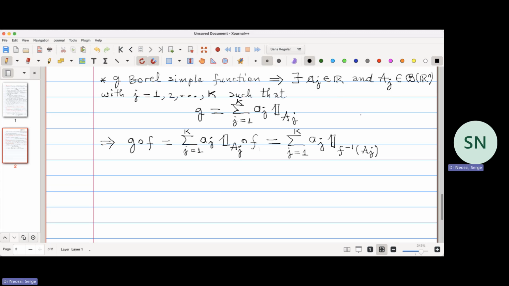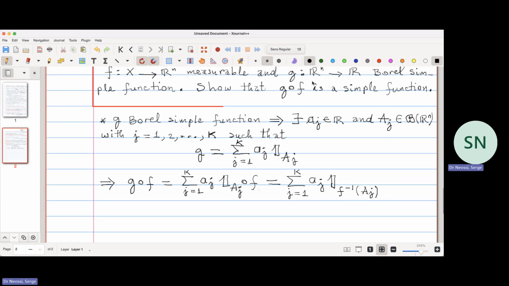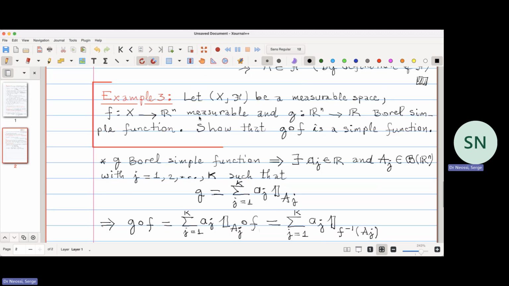Right. Now, in this case, is it measurable? Yes, it's measurable because f is measurable, because that's the hypothesis we have here. And the definition of a measurable function gives us a result. So f is measurable. What does that mean?